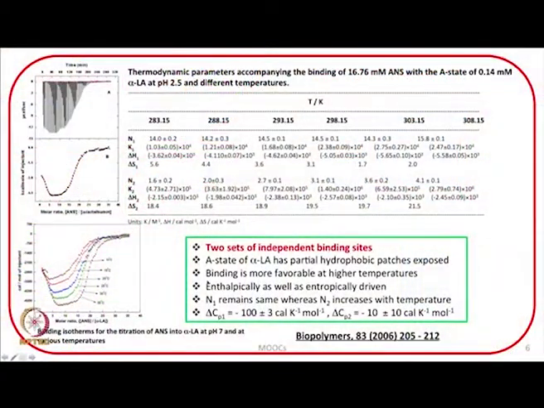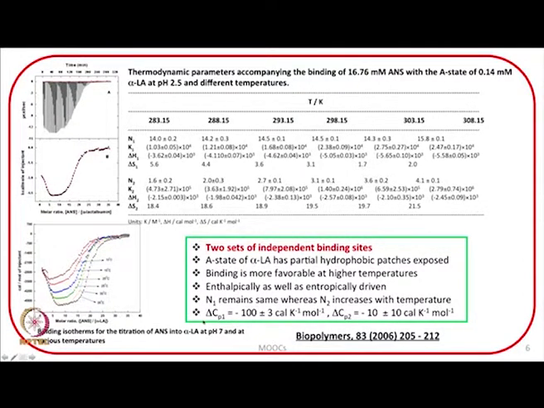The other observation which is seen in this data is binding is more favorable at higher temperature, because the K value is increasing with increase in temperature. And then there is information on the number of moles of ANS binding with the protein.